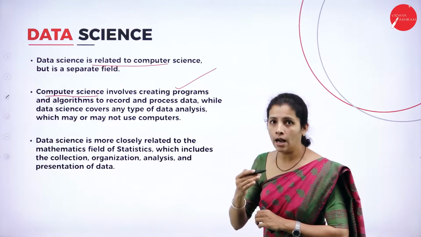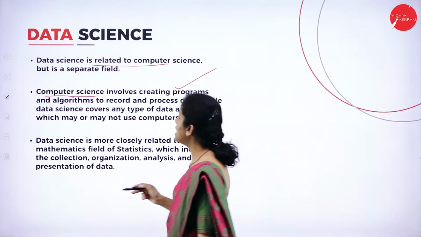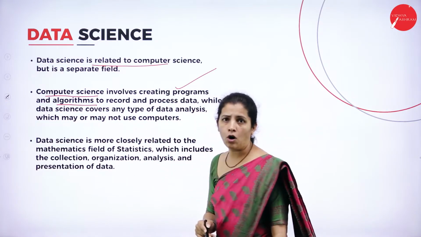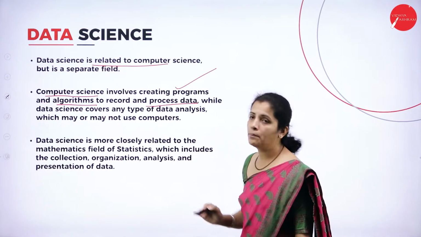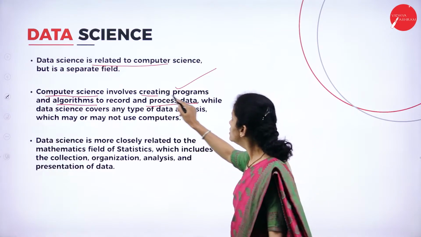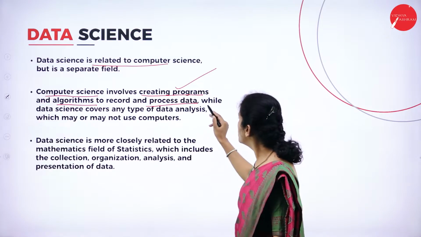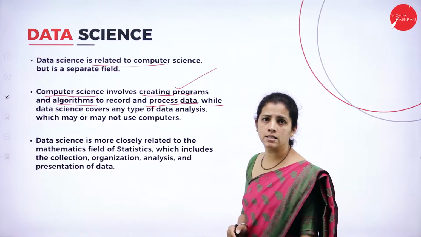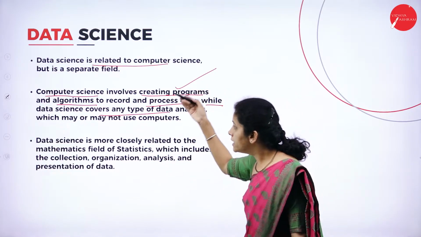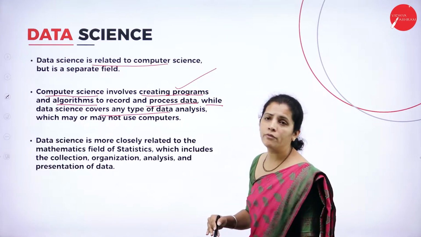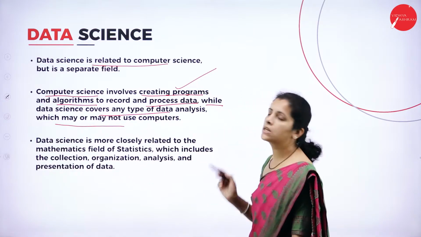That means under computer science, we can create programs as well as algorithms to record and process the data. So if I go with computer science, I have the step of creating a program by using an algorithm. While data science covers any type of data analysis which may or may not use computers.